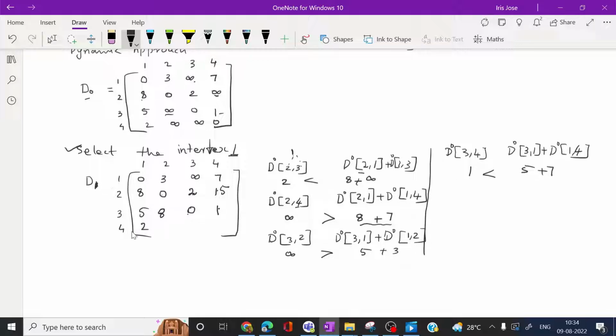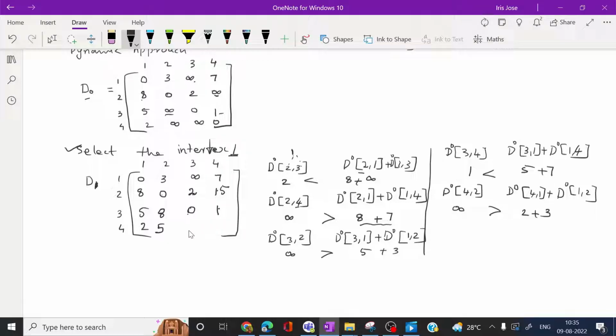Then next is this element D42. D042 will be compared with D041 plus D0 of 1 2. D042, which is infinity, is compared with D041, which is 2, plus D012, which is 3. So infinity is greater, so we'll replace this infinity with 5.